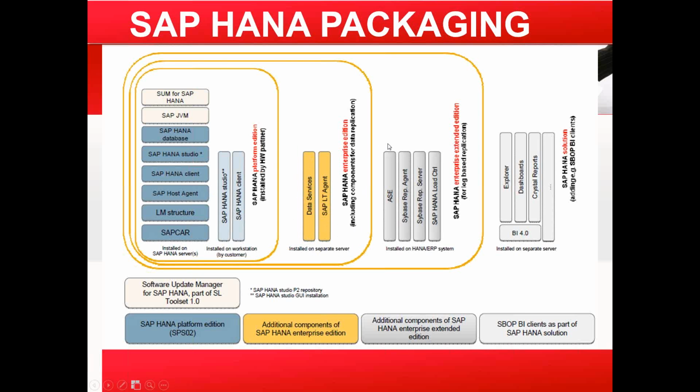ASC can be looked into if the client is already familiar with the Sybase replication server, because otherwise they'll have to pay extra for just the replication server, which can also be done using data services or SLT. So there is no special need to have a Sybase replication server.